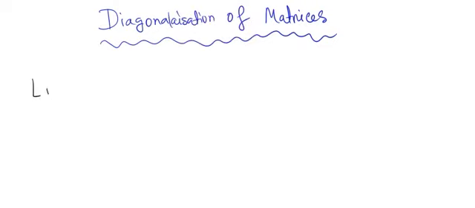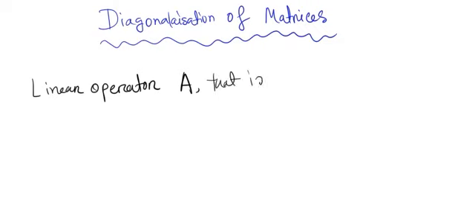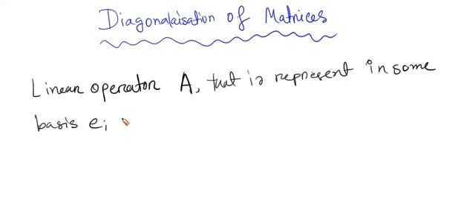So let's write the linear operator A that is represented in some basis e_i, where i equals 1, 2, up to n.